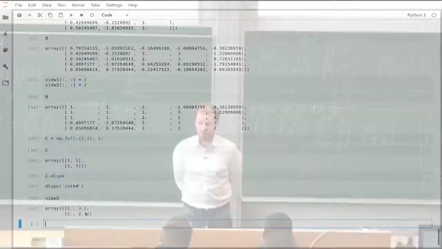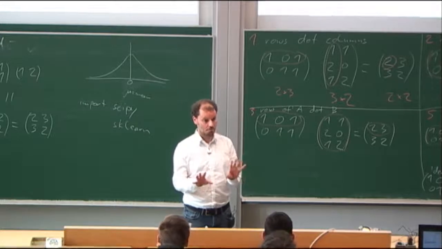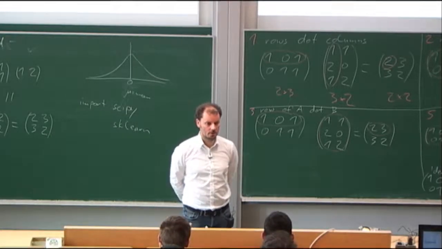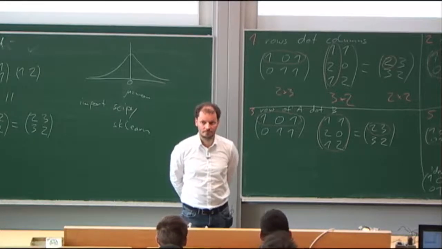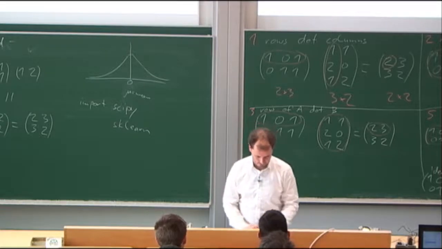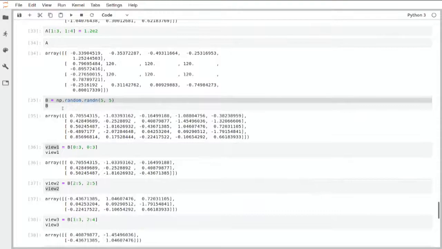Does anybody have an idea of how you could do that? So say you wanted to prevent this effect that you overwrite the data when you're writing into your view. Yes? Maybe explicitly create a copy of the initial matrix. So the answer is we can try to explicitly create a copy of the matrix.